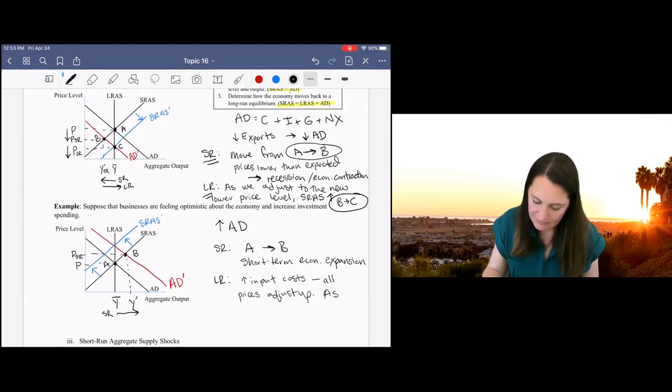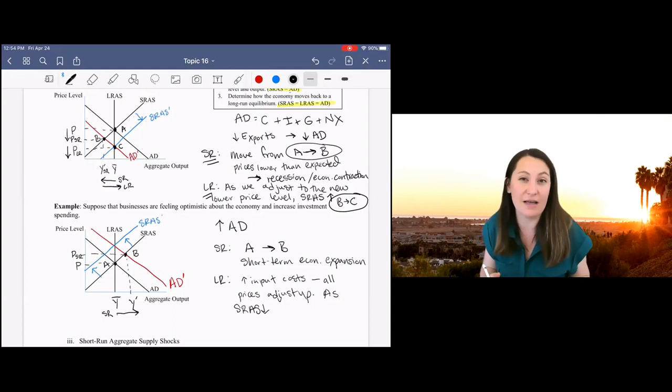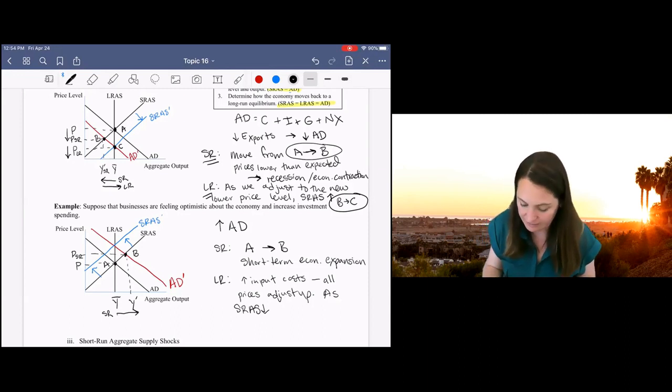As we show that on the graph, short run aggregate supply is decreasing, right? We require a higher price to produce the same quantity of products.